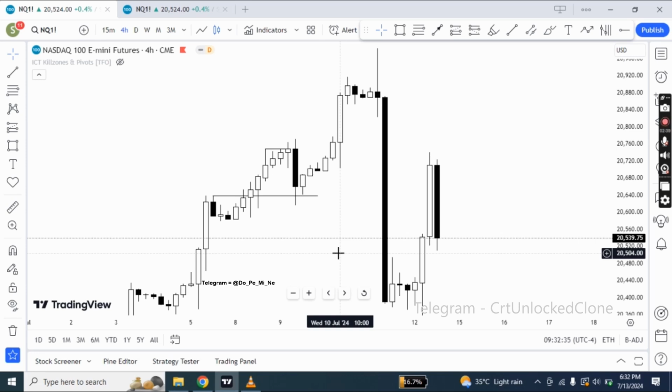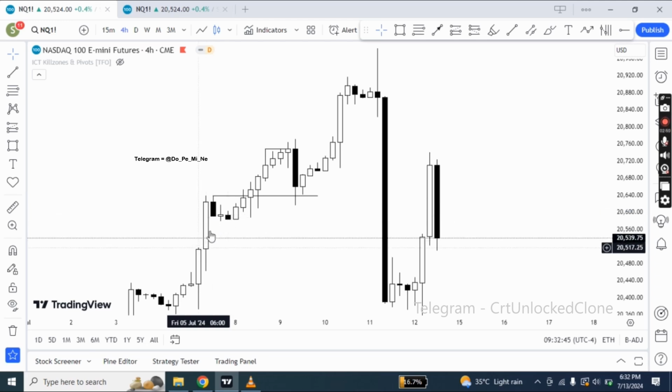Now, the reason this price action right here is considered a key level, and we call it an order block, is because first of all this candle generated liquidity in the form of this FEG. Remember what I told you in chapter 3: when a particular price action generates liquidity, takes out liquidity, or fills liquidity, such price action is considered a key level.